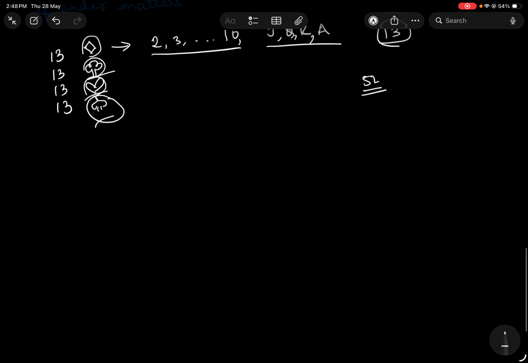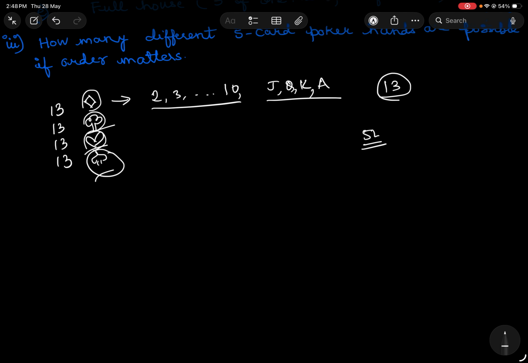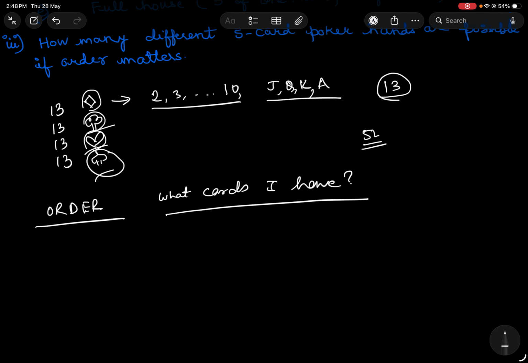And secondly, I'm choosing 5 cards. Order does not matter for me because it's like I'm playing a game, and I'm giving 5 cards each to each person. Suppose there are 15 people, I'm giving 5 cards each. The person is just interested in what cards I have, not in what order I get the cards. That is not relevant for the game also.